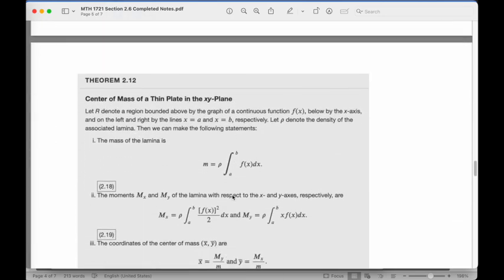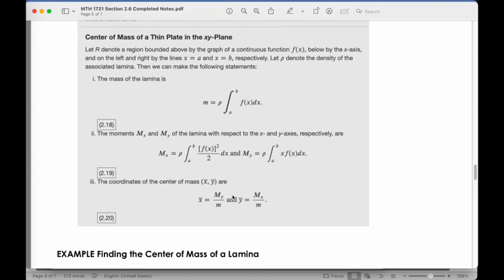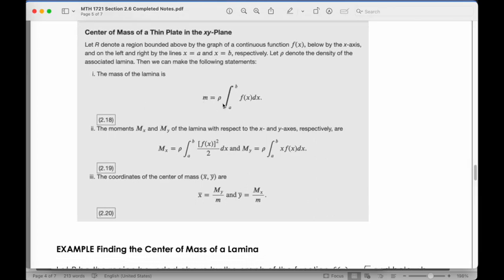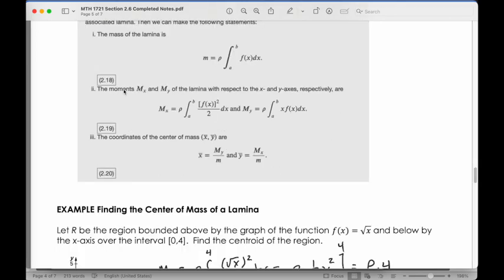Now, to find the center of mass of a thin plate, to find the total mass, you take the density and you integrate it over the interval that you're interested in, and you integrate f of x dx. Okay, and then to find your moments about the x and y axis, these are your formulas that you would use for that.